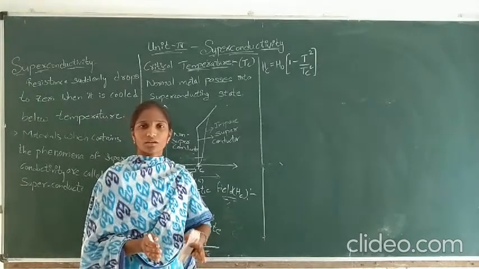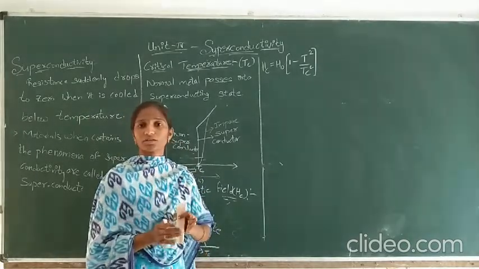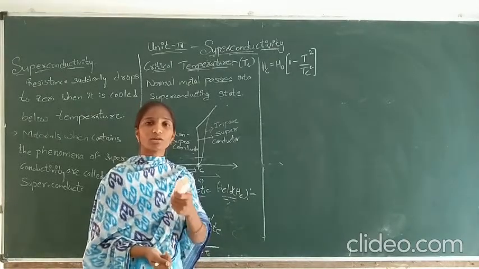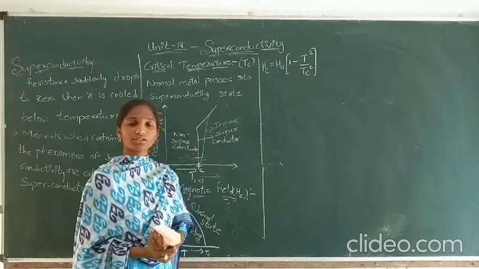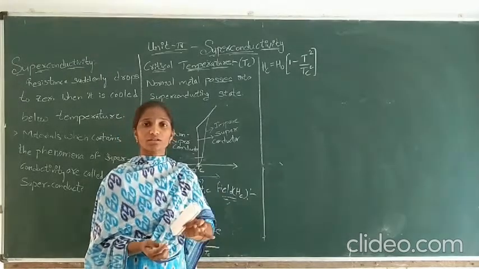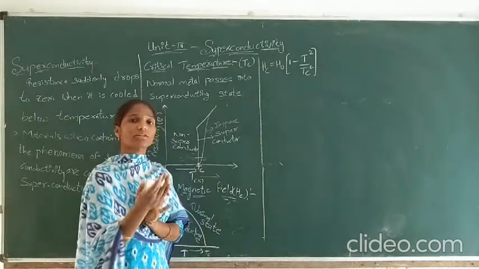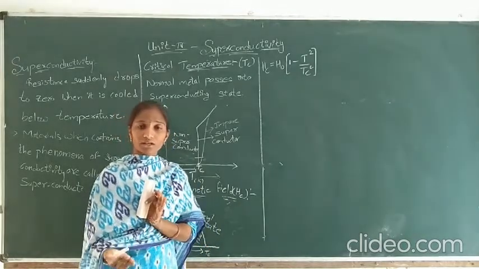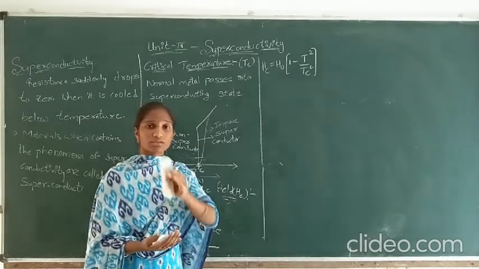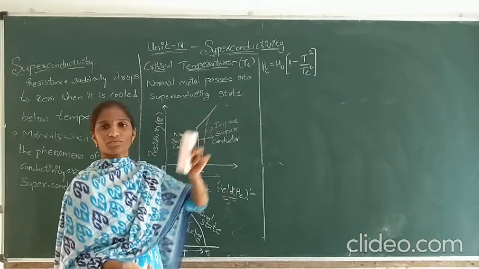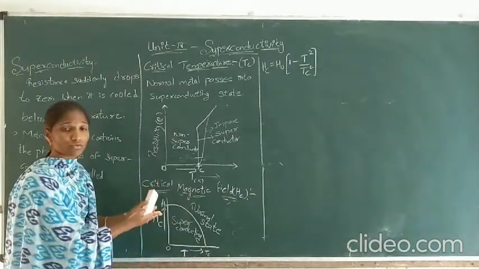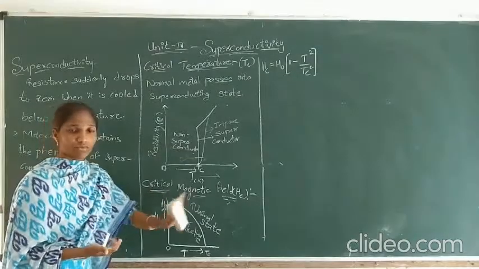What does destroying the superconducting state mean? The electrical resistivity will be restored, meaning the resistance of the material changes from zero to a finite value. That magnetic field is known as the critical magnetic field.